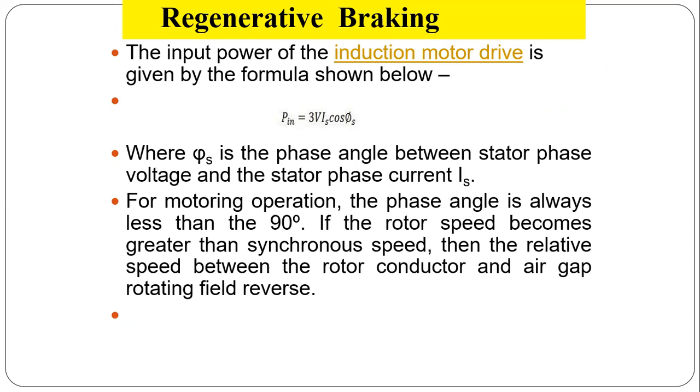In regenerative braking, the input power of the induction motor drive is given by the formula: P input equals 3 V S I S cos phi S. This is the basic formula for the input power of the induction motor drive, where phi S is the phase angle between the stator phase voltage and the stator phase current.